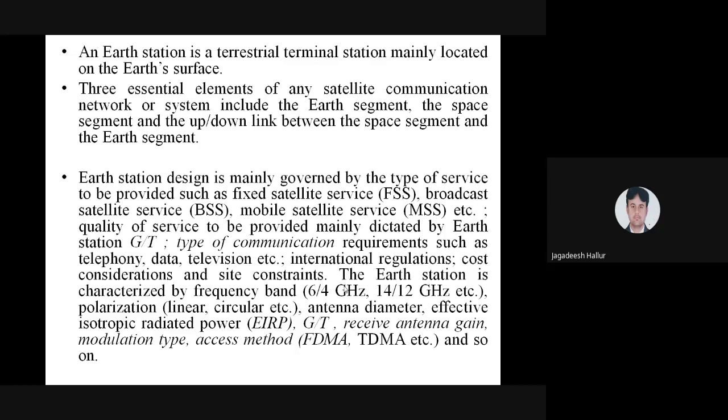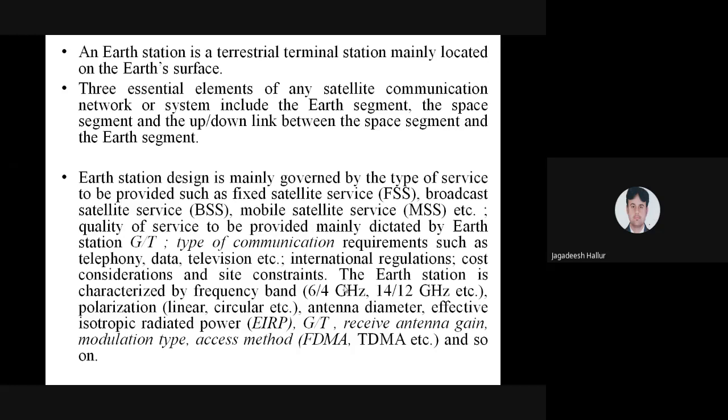What is an Earth station? Introduction. An Earth station is a terrestrial terminal mainly located on the Earth's surface. It is mainly located on the Earth itself, at the ground itself. Okay. Three essential elements of any satellite communication network or system include the Earth segment, that is a subsystem.